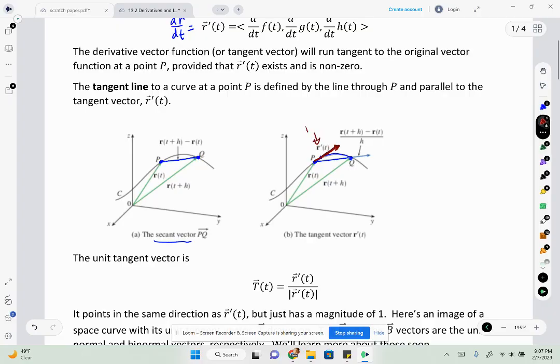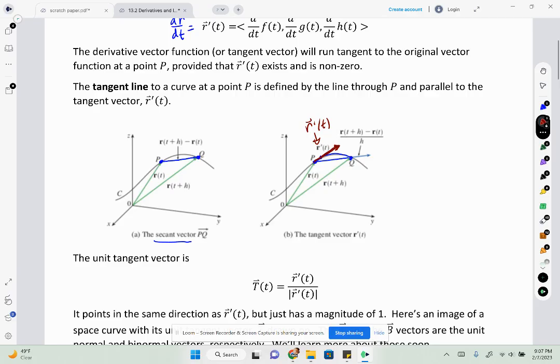And this right here is r prime of t, in case that's not clear on the screen. Whenever we find a derivative vector, we have to remember that it is tangent to our original vector at any given point on the curve.